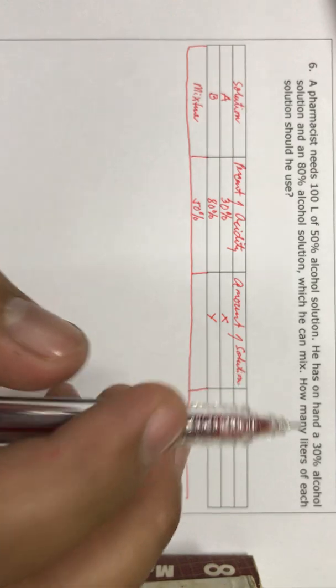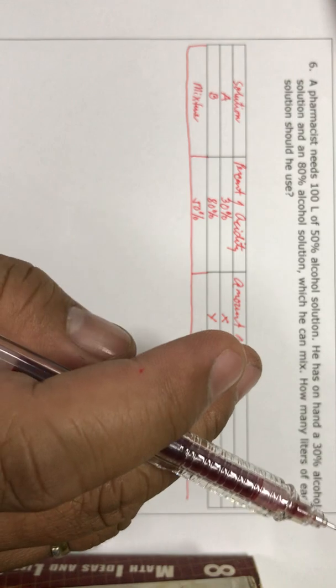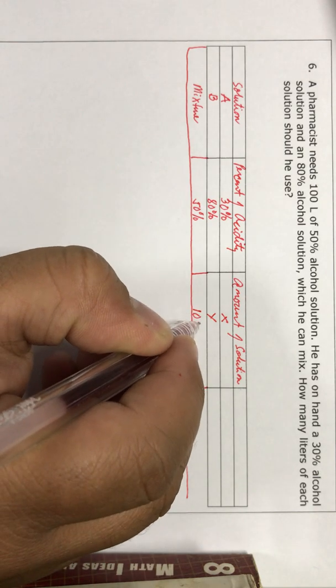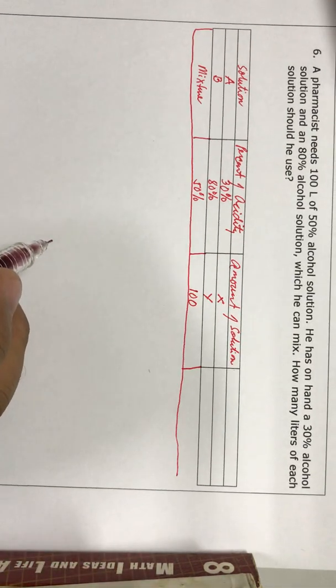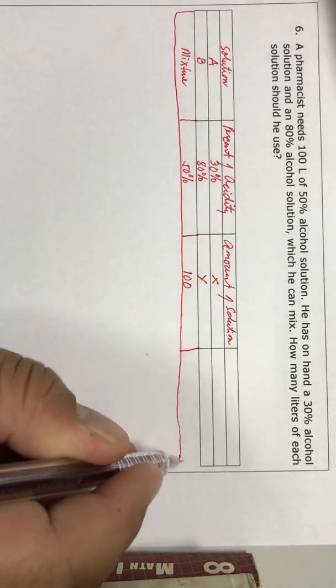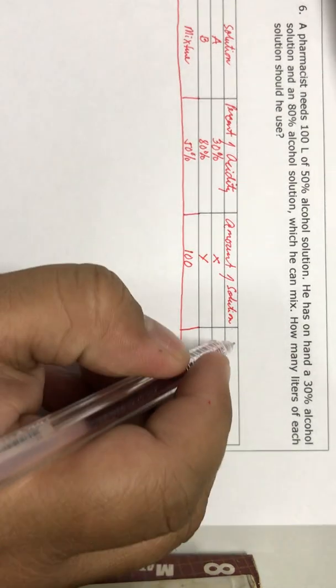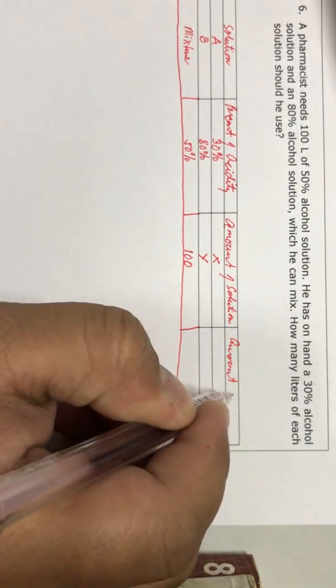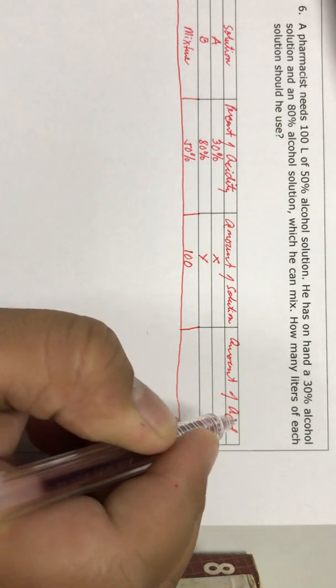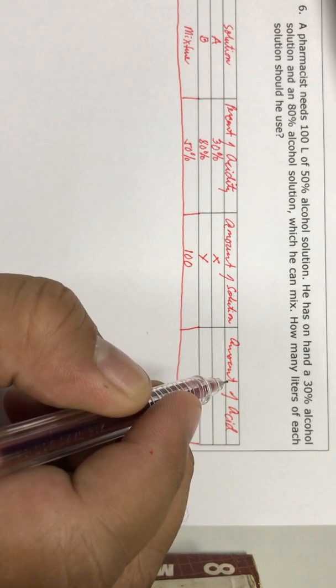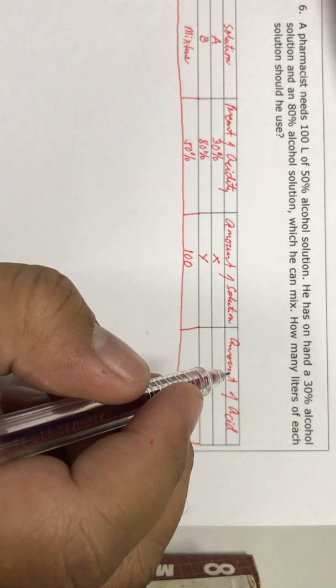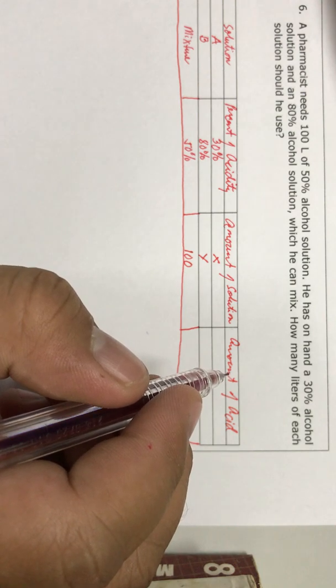Okay, that's unknown. What you know is that when you do the mixture, the total mixture must be 100 liters. That's what you know, because that is provided in the problem. The last column would be the amount of acid. The amount of acid is actually obtained by multiplying the percent of acidity by the amount of solution.